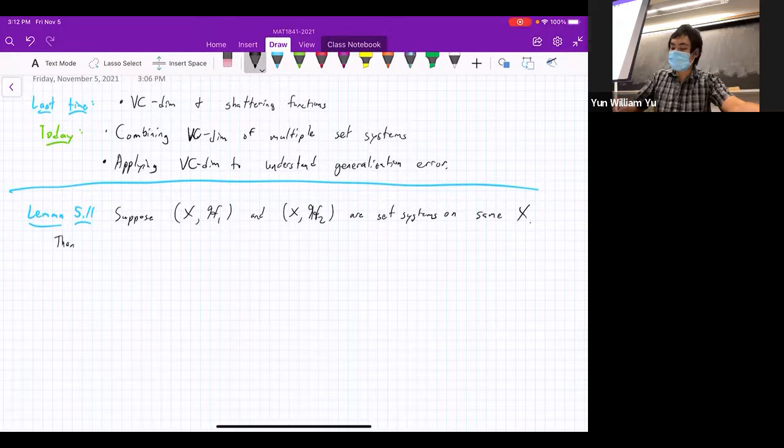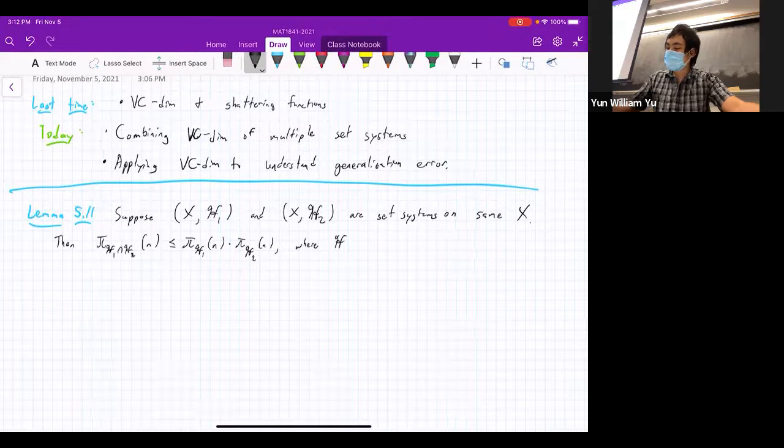Then I claim that the shattering function of the intersection of these two set systems, for any n, is less than or equal to the product of the shattering functions of the individual set systems, pi of H1 of n times pi of H2 of n, where we're defining H1 intersect H2 as the set of all h1 intersect h2, where h1 comes from H1 and h2 comes from H2.